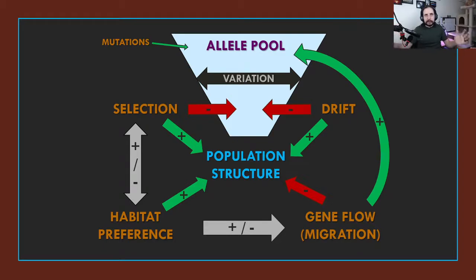If you're talking about a mutation, you are talking about inventing something new. But in gene flow, you don't have to invent anything new. You already have it, you have the gene somewhere else in some population. It's just that the gene comes to the resident population. So in terms of that, gene flow is really important.